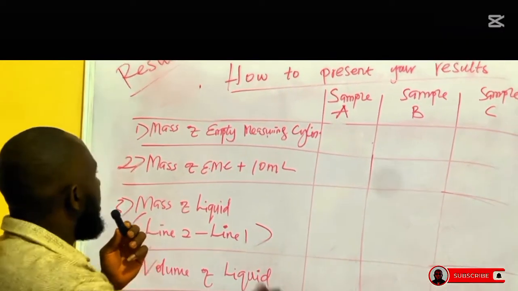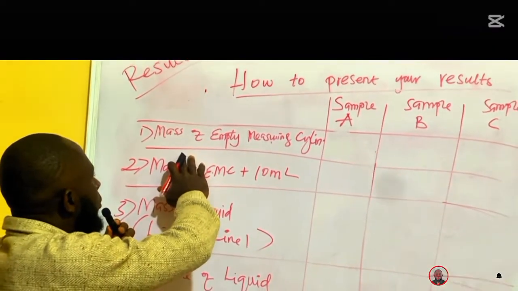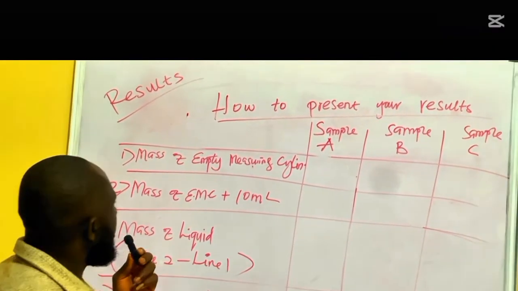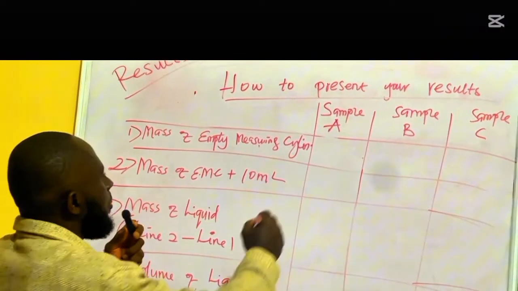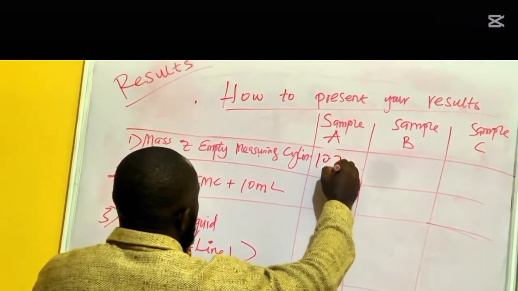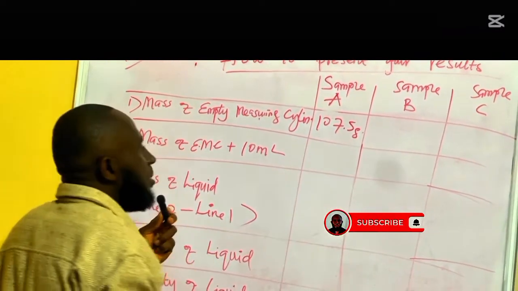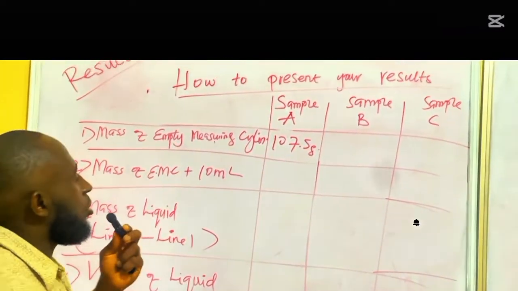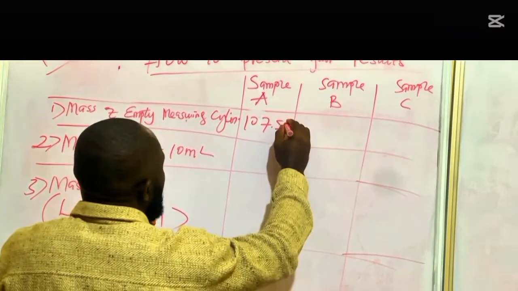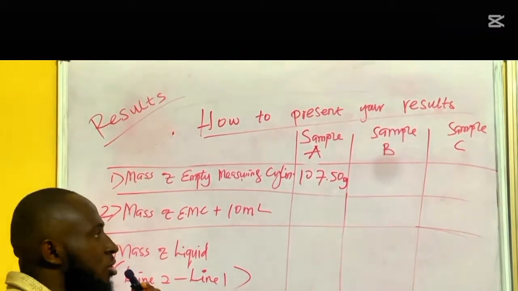The first row is where you record the weight of the measuring cylinder. Let's say the weight of the measuring cylinder is 107.5 grams. Remember also that your table must be in 2 decimal places, and you must include the unit. If it doesn't have units, that means you're not recording anything.